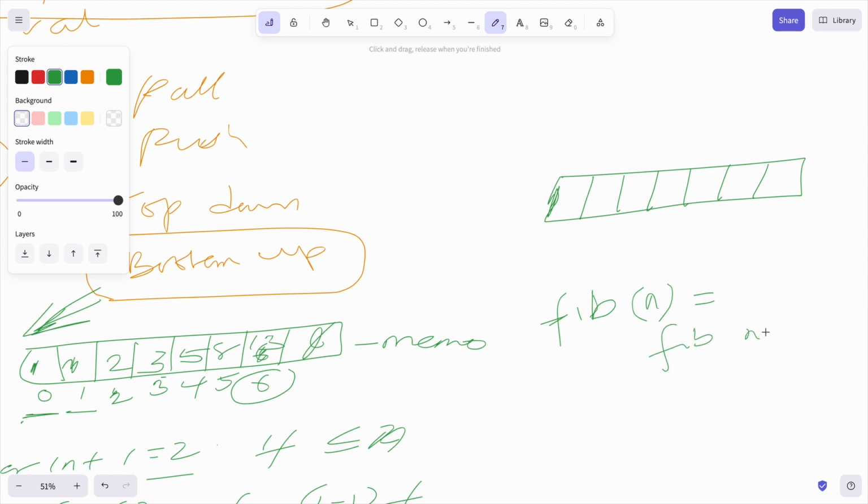It is equal to fib of n minus 1 plus fib of n minus 2. So in this case, imagine that we are at some arbitrary point. Let's say this is 1, 2, so we know fib of 0, we know fib of 1. We don't know these ones. These are the ones that we want to calculate for.